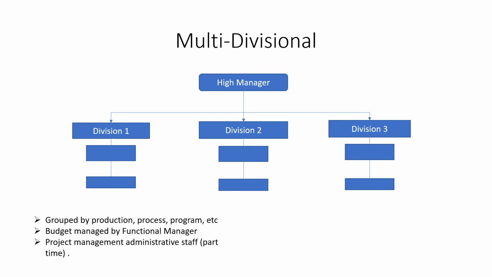The communication among divisions tends to be complicated due to cultural differences and internal competition. Here, the project manager may or may not exist and may be hired on temporary assignments.